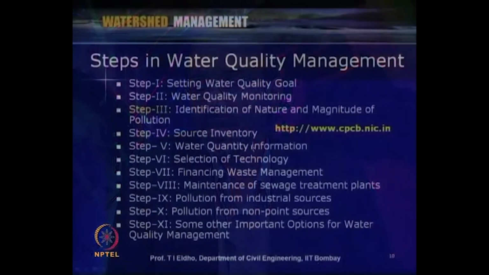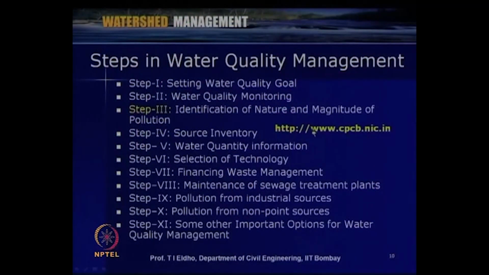So, here as per the Central Pollution Control Board, Government of India, as given in this website, they have come up with about 11 steps as far as the water quality management is concerned. It starts from step number 1, setting water quality goal, and then step number 2, water quality monitoring, and then step number 3, identification of nature and magnitude of pollution.